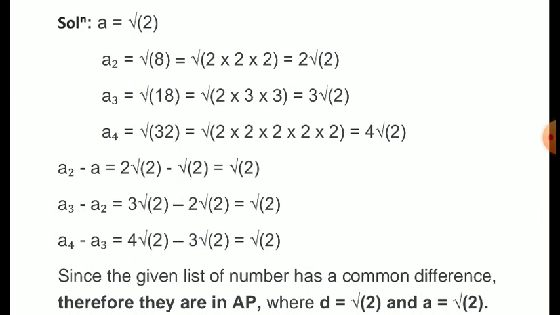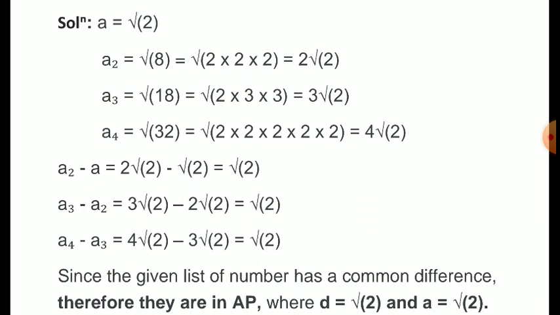Now we come to find the difference between the consecutive terms, because here in the problem we need to verify whether the numbers form an AP or not. So for this, let us find the difference between the consecutive terms. First we start from the second term minus the first term, a2 minus a1.